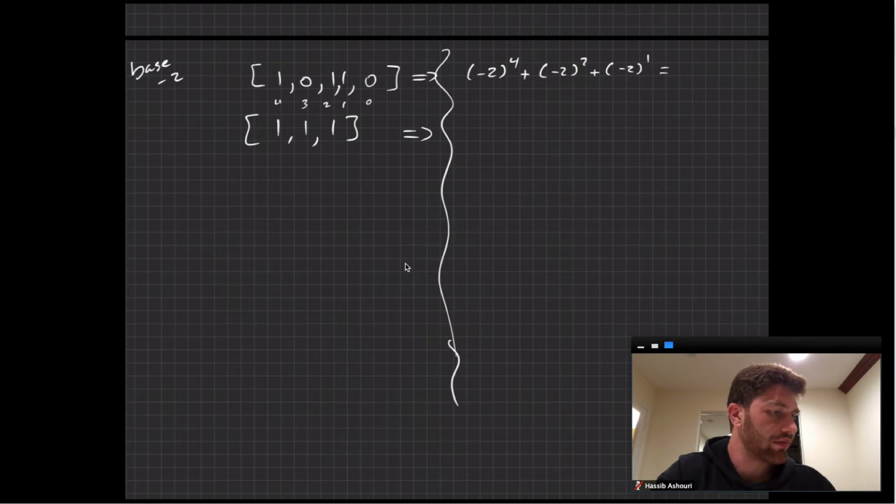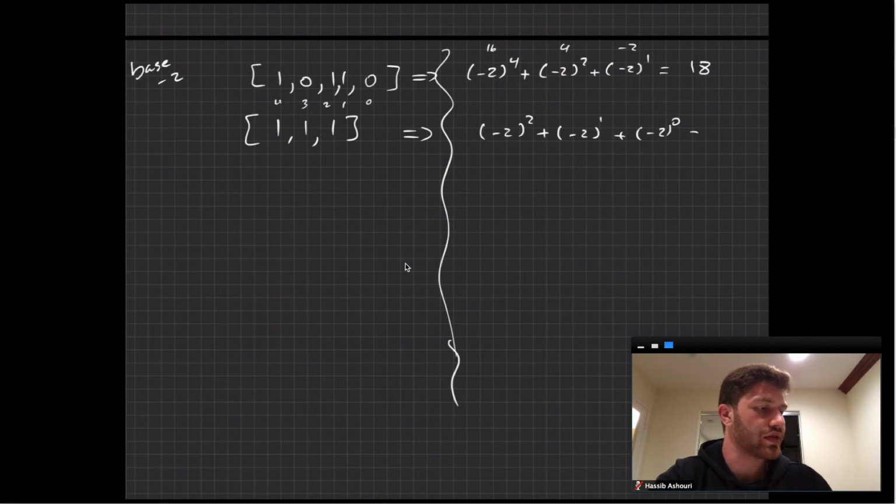And that will give me, I'll do the math a little quicker, 16 plus 4. I'll just write it here. 16, and I have a 4 right here, and I have a negative 2, so I get 18. And for this one, I have negative 2 to the power of 2 plus negative 2 to the power of 1 plus negative 2 to the power of 0.